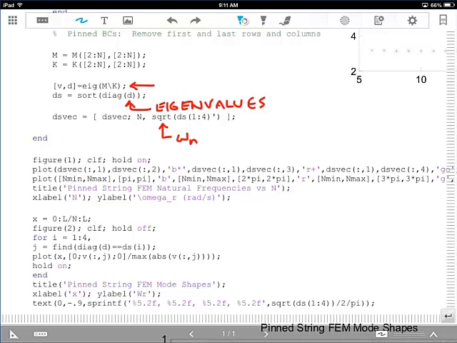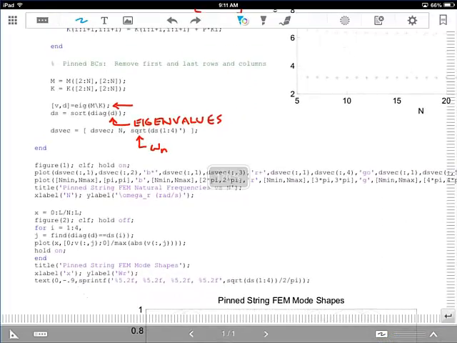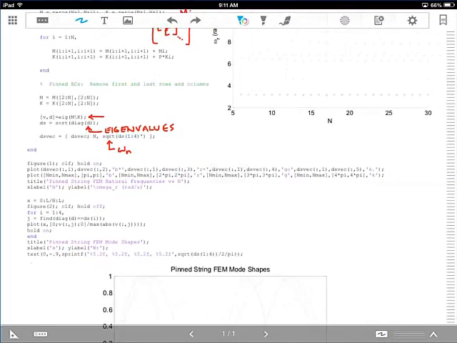So we'll take the first, second, third, fourth, and fifth natural frequency.